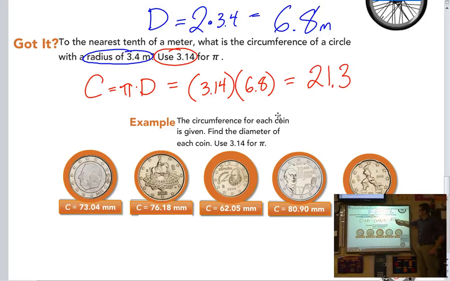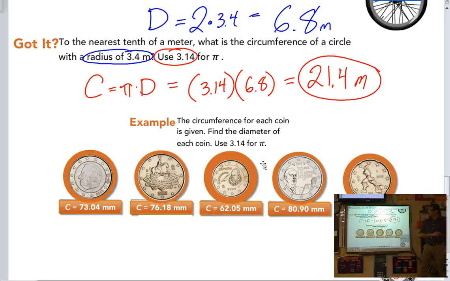This is round to the nearest tenth of a meter. So the 5 tells us to round up, to round to a 4, so it would actually be 21.4 meters. Remember, m is meters, mi is miles. Any questions, comments, concerns on these?